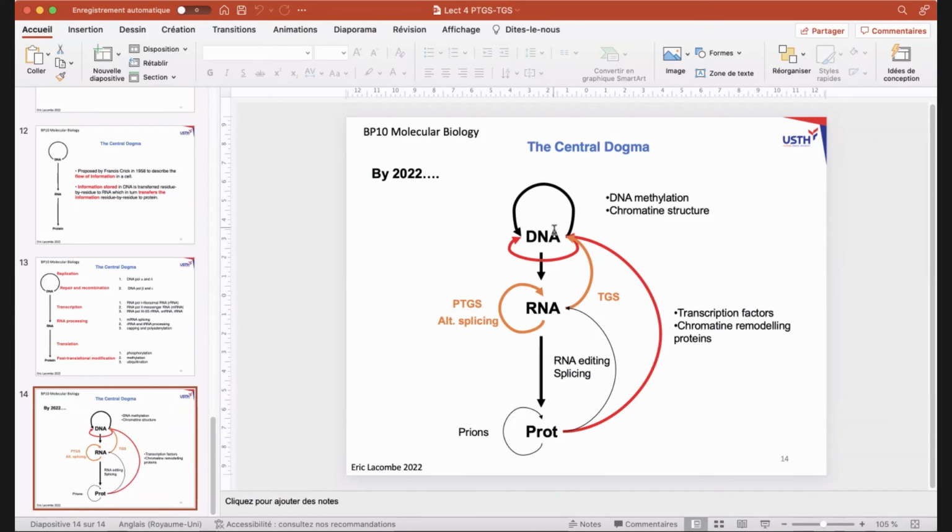But do you see all the arrows? For example, if I ask you, it won't be the exam, but an exam, if I draw this with only the arrows, can you give an example for every arrow? For example, if I ask you, give me an example of the effect of protein on DNA.